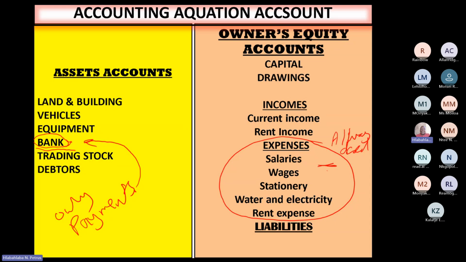But income always increases the owner's equity. Every time you come across rent income, remember the amount should have a plus next to it. But for salaries, wages, stationery, water and electricity, next to the amount it should be negative.